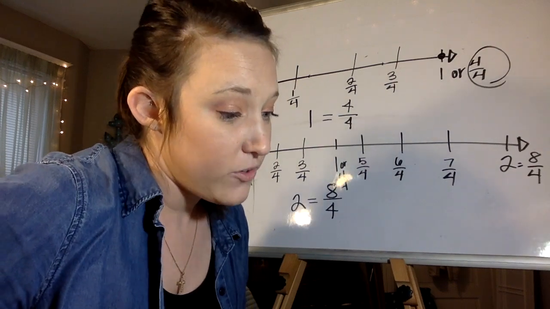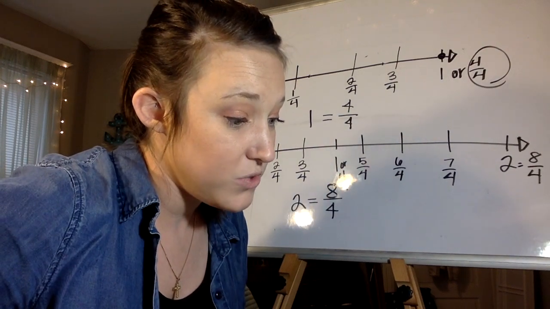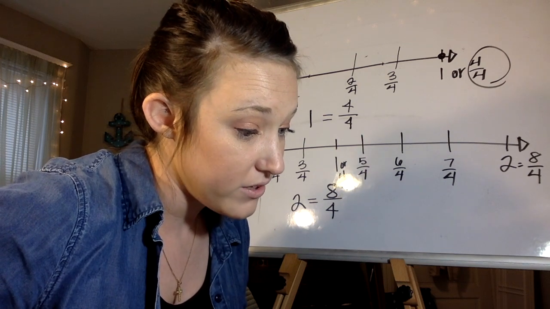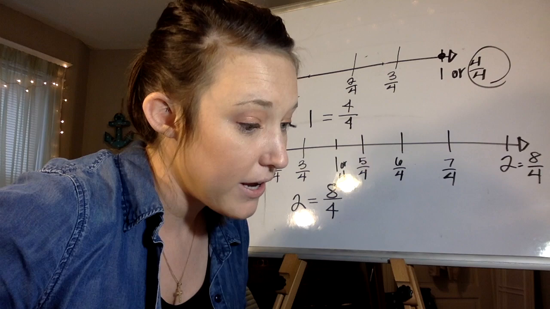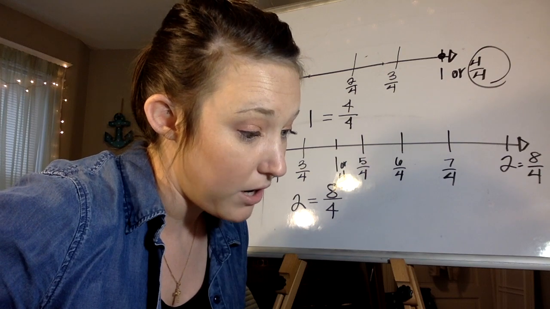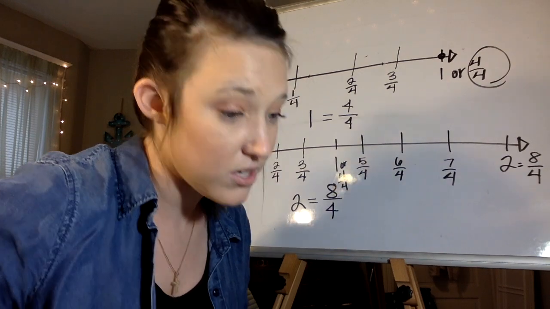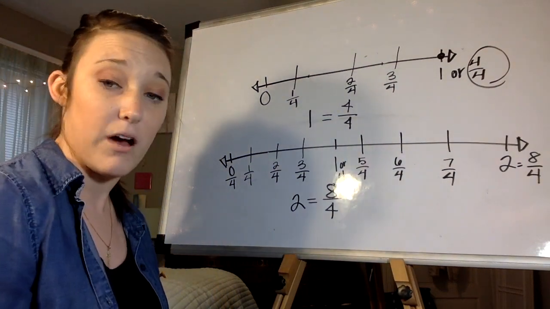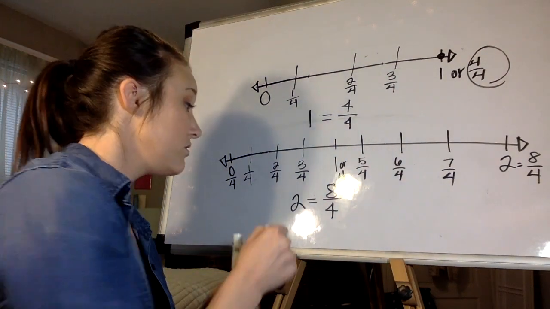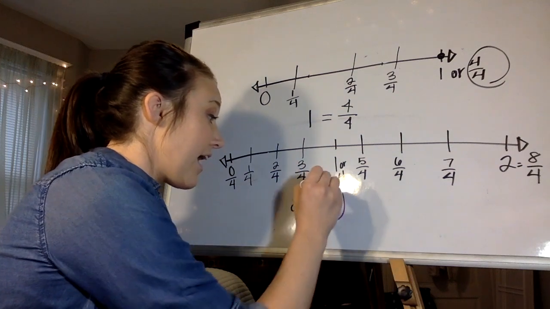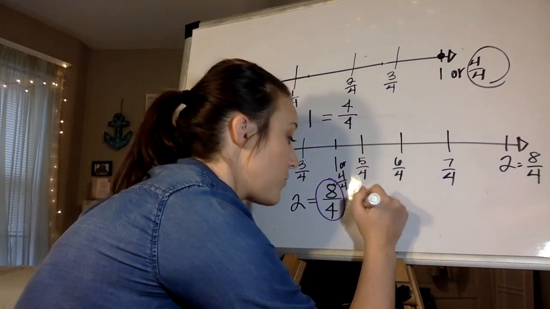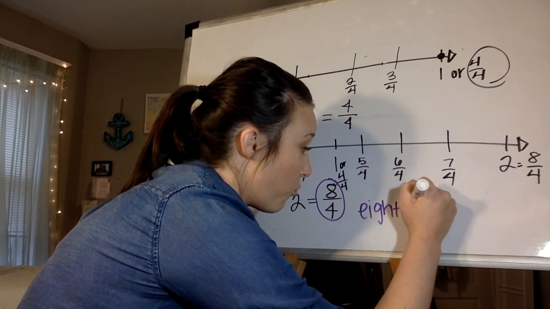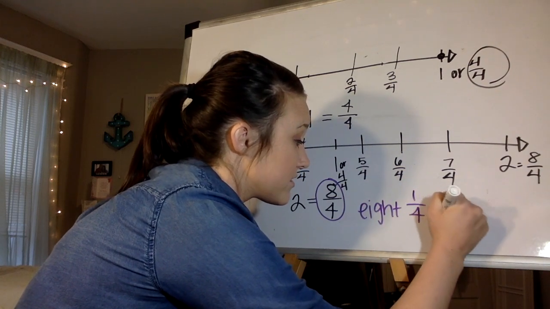Looking at the repeated reasoning, how many more fourths did you use to model 2 than you did to model 1? How many more fourths will you need to model 3? Well, how many fourths did I have to model 2?